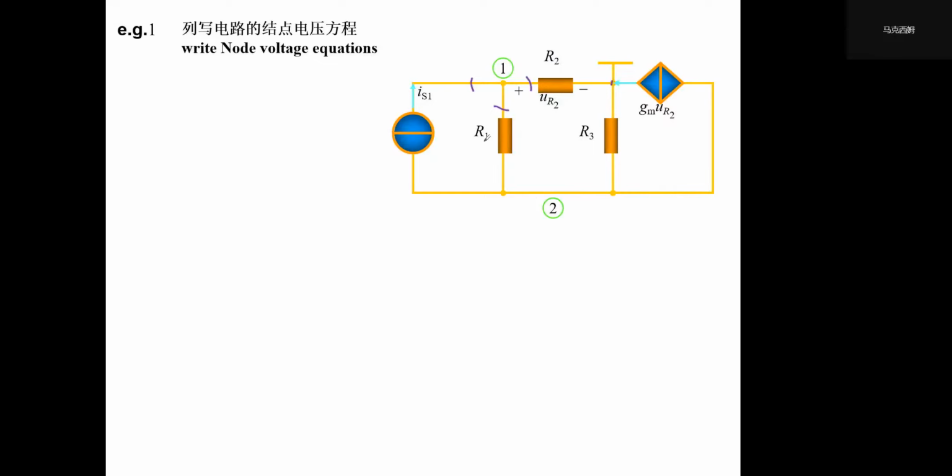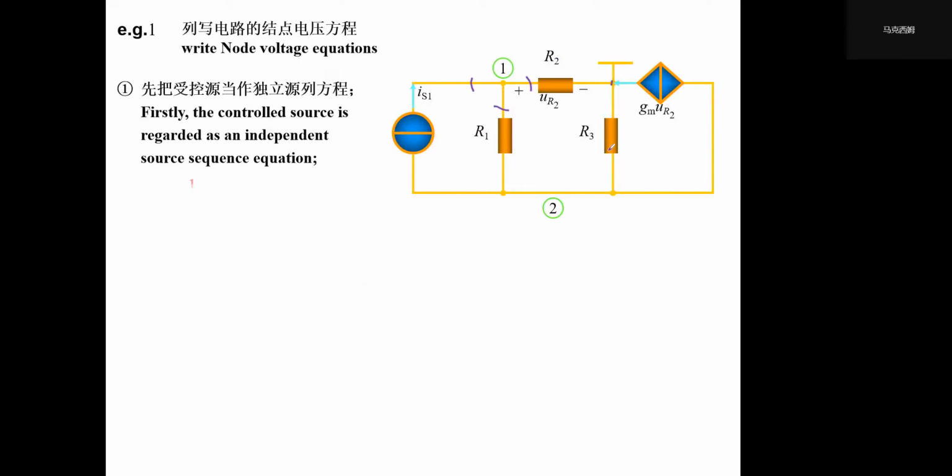Its self-conductance is the reciprocal of R1 plus the reciprocal of R2, and the cross conductance between R1 and R2 is the negative reciprocal of R1. All right, and the current source IS1 flows into node 1, so we give it a positive sign.